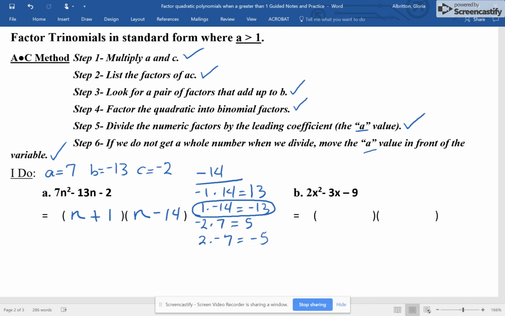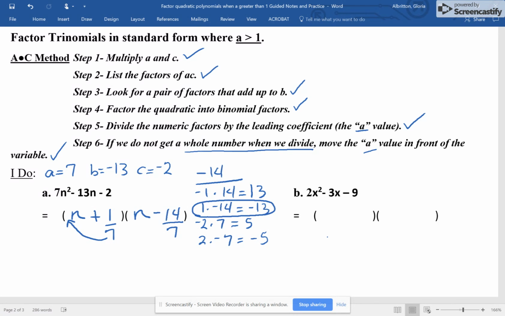Now, the next step tells us to divide these numeric factors that we just came up with by the a value, which was 7. And then step 6 tells us if we do not get a whole number when we divide, we want to move that a value in front of the variable. So with the first binomial, n plus 1/7, well, 1/7 does not give us a whole number, so we're going to slide that 7 in front of the variable n.